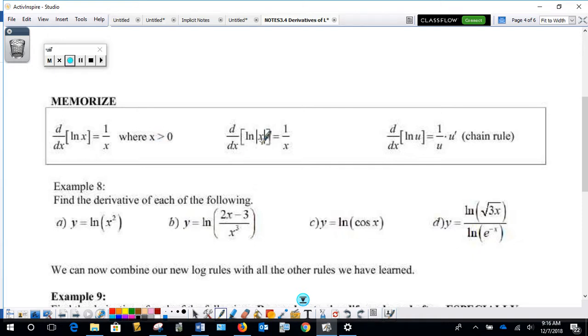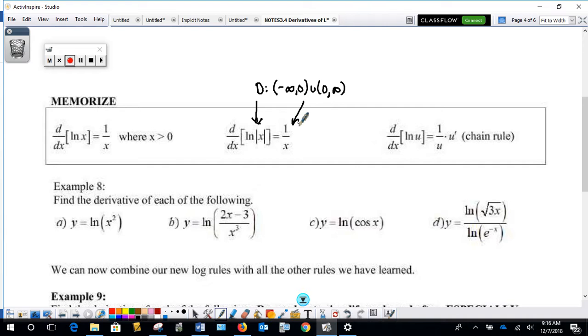Notice if I put an absolute value inside, doesn't that just change the domain? Because what would be the domain of this natural log of absolute value of x? What does that change the domain to? Negative infinity to 0 and 0 to infinity.